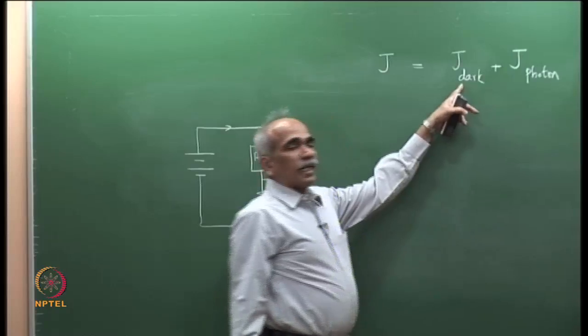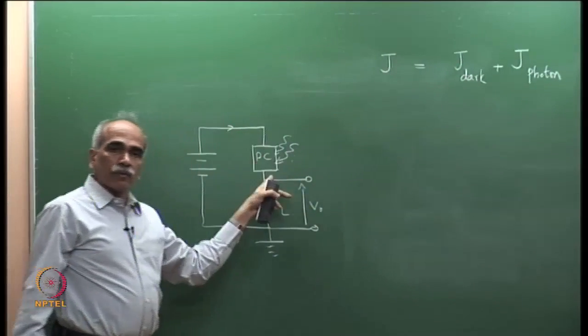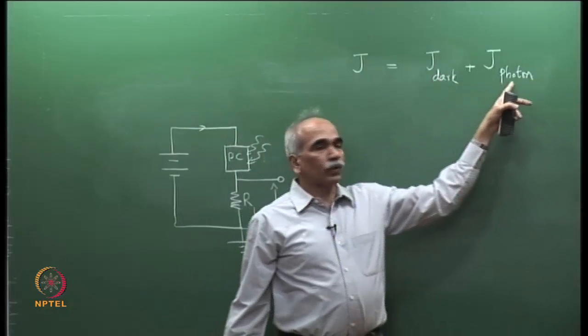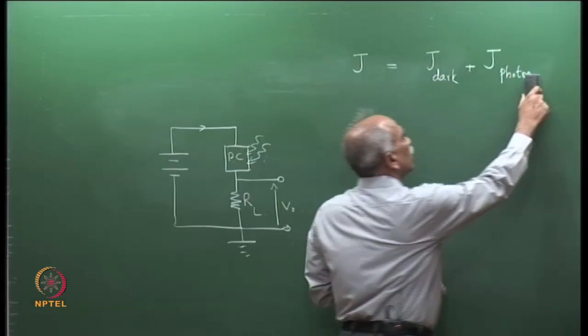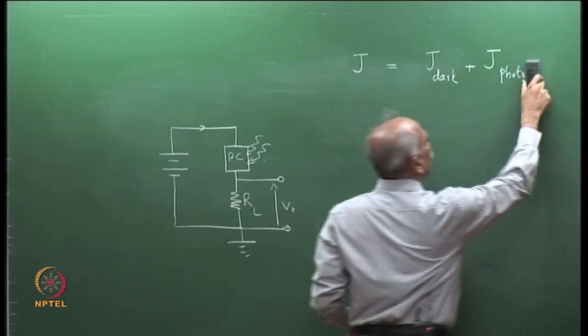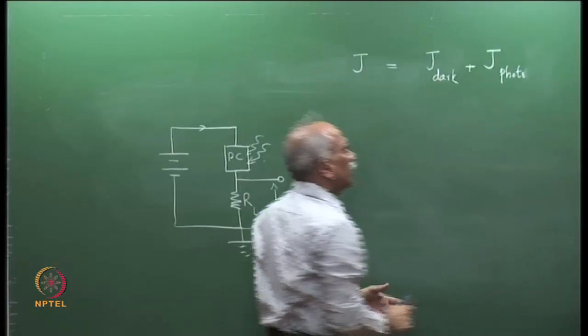J dark is the current density through the photoconductor when there is no incident photon flux, and J photo is the current density when there is a photon flux incident.